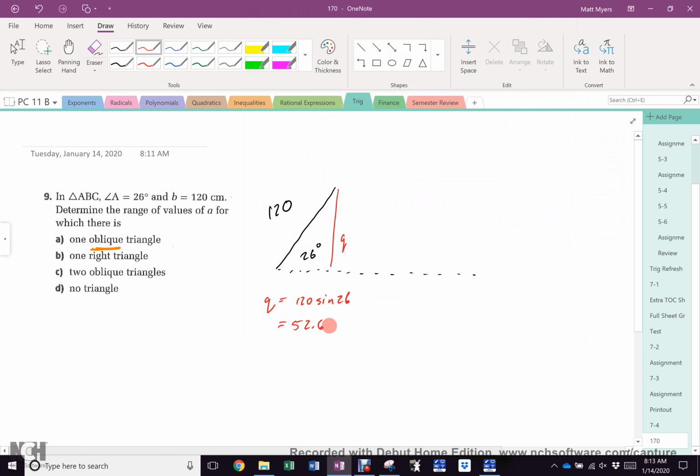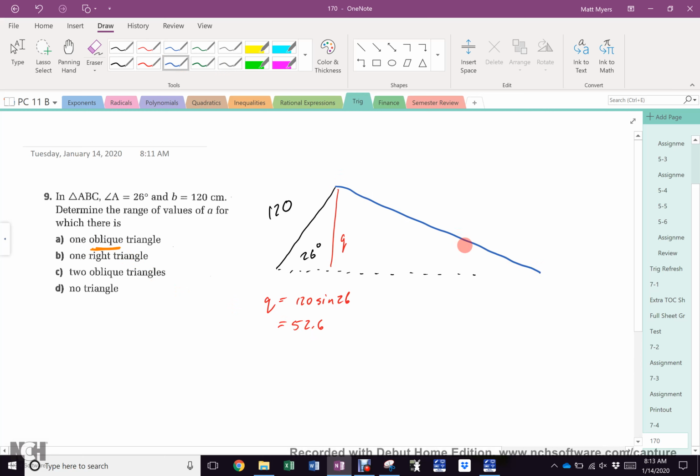Okay, so the altitude is 52.6, yes? So B, one oblique triangle. That means it's got to go way out here, yeah? That's the blue line.